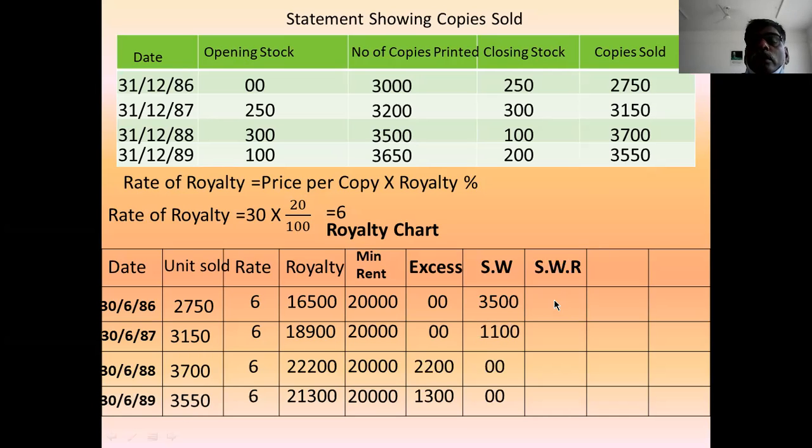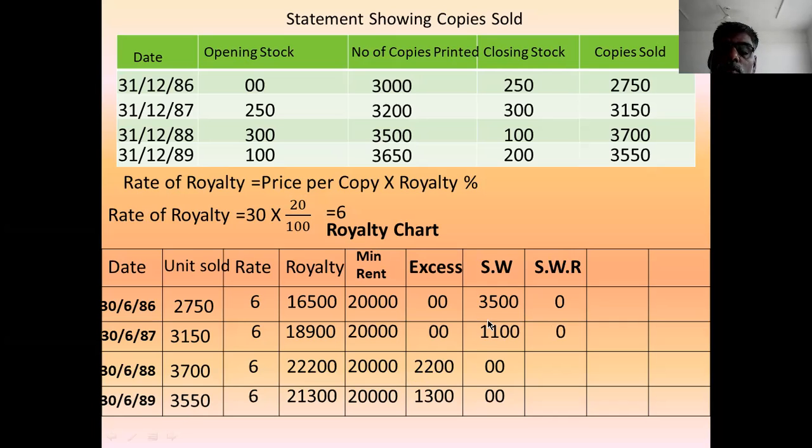Next, short working recovery. For recovery of short working, the next 2 years are the time limit given. For 3,500, the next 2 years are 87, 88. And for 1,100 short working, the next 2 years are 88, 89. Okay. This 3,500 is not recovered in the first year and second year. In the third year, 2,200 is excess.